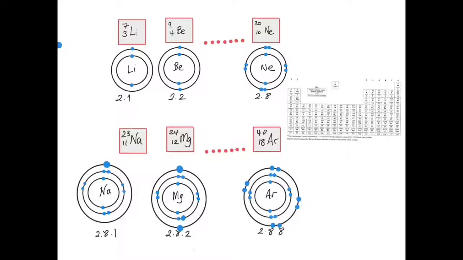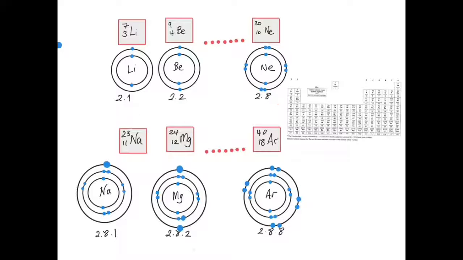Sometimes chemists don't want to draw all of the shells and all of these bits here. So what we'll do is write the electron configuration as numbers. So using lithium as an example, we write the electron configuration as 2,1. That means there are 2 electrons in the first shell and 1 electron in the second shell.